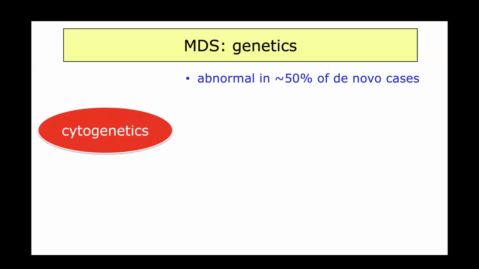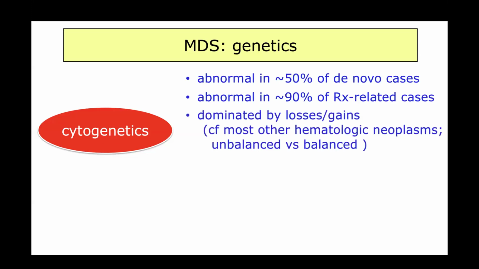In other words, 1/2 will have a completely normal karyotype. So therefore, having a normal karyotype cannot be used, should not be used, must not be used to exclude MDS. If the MDS is arising in the setting of prior cytotoxic chemotherapy, you're much more likely to encounter an abnormal cytogenetic finding, up to 90% of cases.